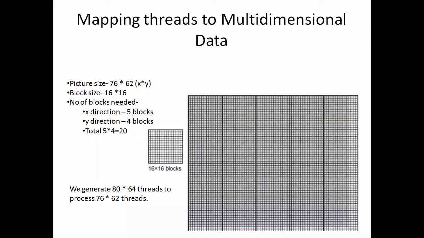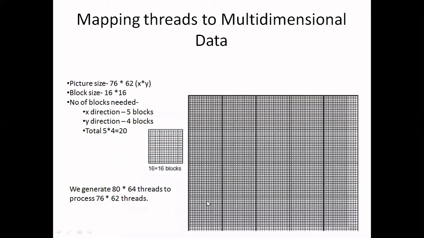Yes, the dimension of the grid will not be 4, 5, it will be 5, 4. While specifying the grid dimension or block dimension, we keep X, Y, and while accessing, we keep Z, Y, X. So for specifying the dimension, you will keep 5, 4, 1. 5 is X, 4 is Y, and Z is 1.